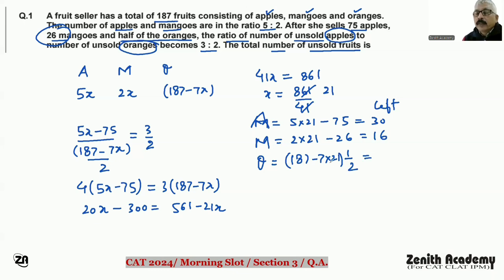This is 187 minus 147, 7 times 21 is 147. 187 minus 147 is 40. 40 by 2 means 20. So 30 plus 16 plus 20, the total number of unsold fruits is 66. This is your answer. So it is a simple question, not a very difficult one.